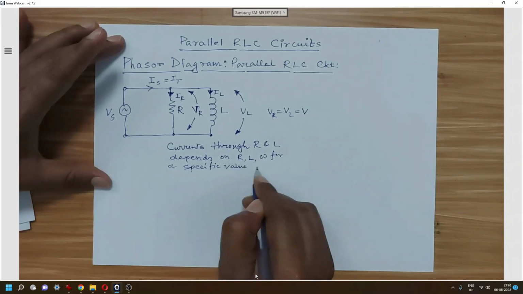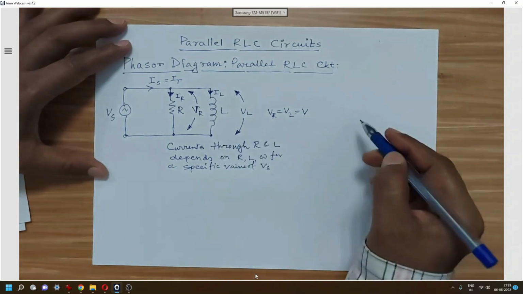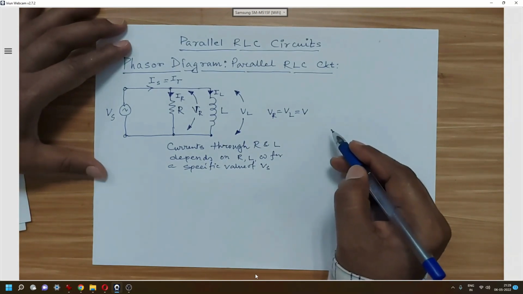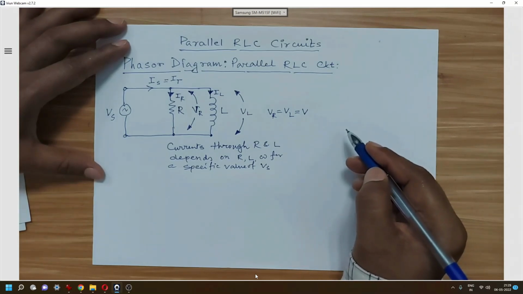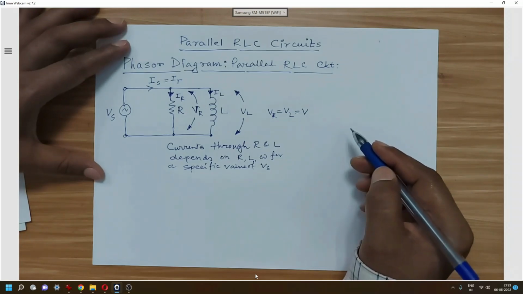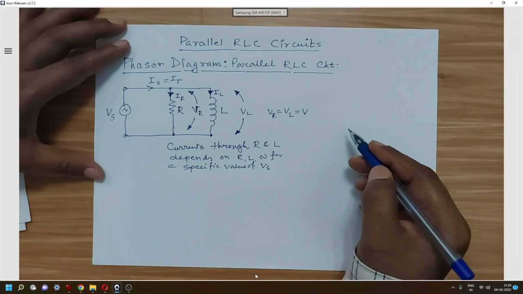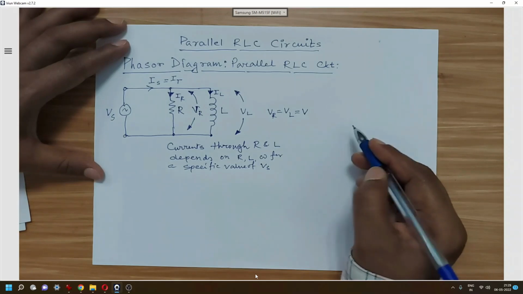So now if we go for the phasor diagram of the circuit, we have to take the principle of reference phasor. In series RLC circuit, we learned that the parameter, that is a voltage or current, the parameter which is same for all the elements, that is better to be taken as the reference phasor.